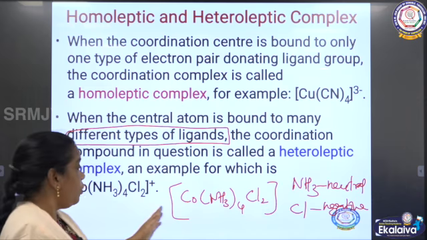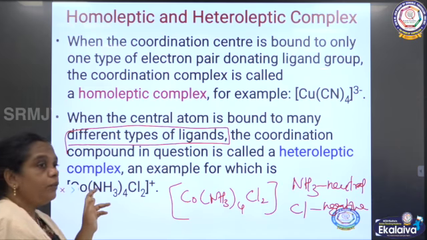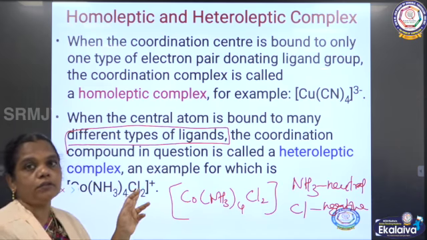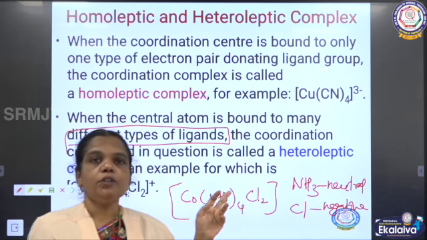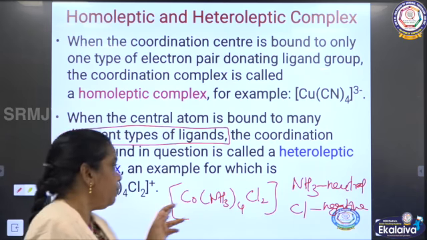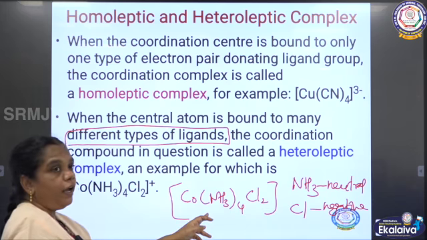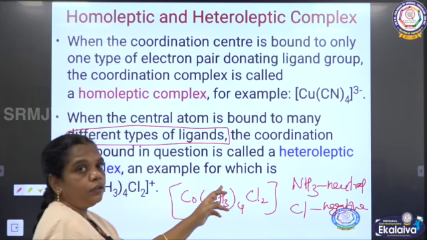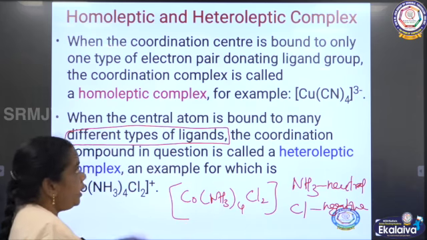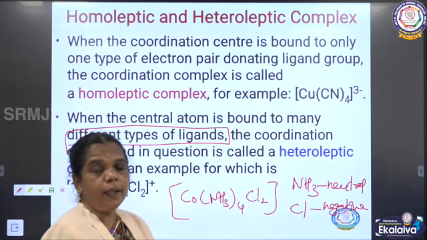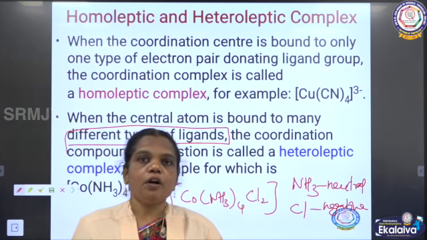So, in this complex the central metal atom is going to share the electron between two different types of groups. One is amine and another one is chlorine. So, these are all about the types of complex and the property of complex.